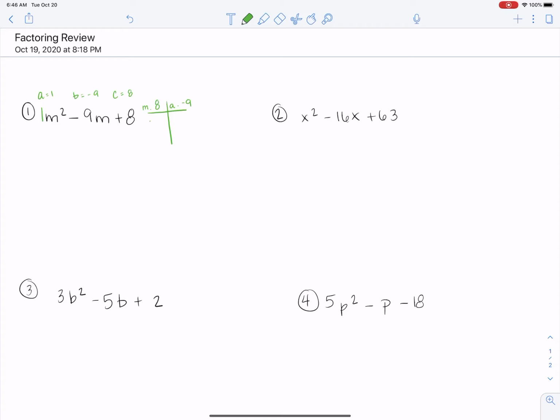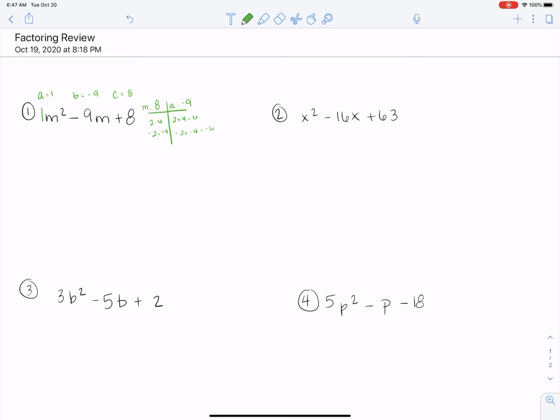I know 2 times 4 is 8, but when I add them, 2 plus 4 is 6. That will never get me to -9, right? I could do -2 and -4 because negative times negative is positive, but if I add those, that's going to give me -6. It's never going to get me to -9.